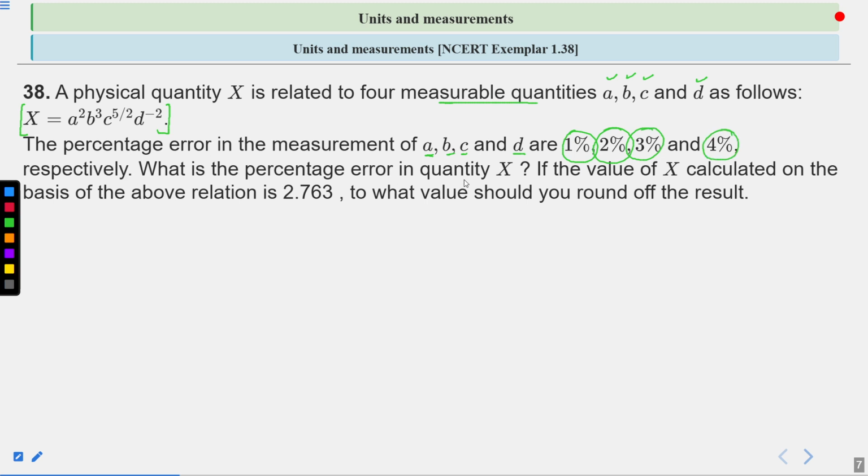What is the percentage error in X? Here we have to find out the percentage error in quantity X. Given that the value of X calculated on the basis of the above relation is 2.763, to what value should you round off the result? Think about it.